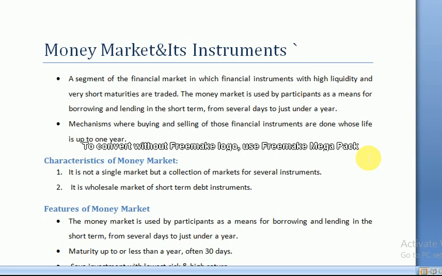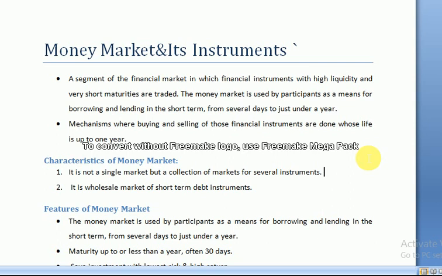Clear? But commercial papers are issued by corporations, a private limited company, simply issued by the private sector. So here risk is involved, and that risk is related to the company.